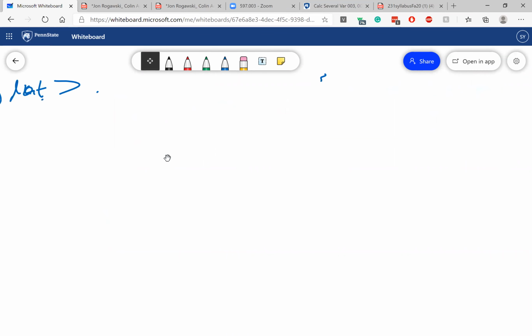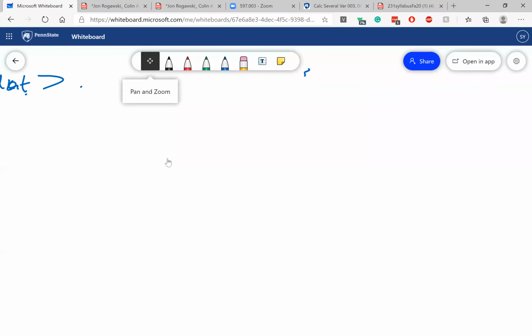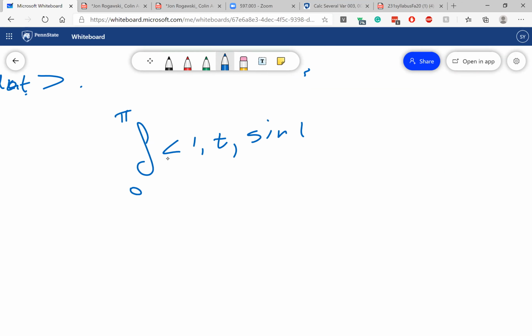As an example, let's try to integrate from 0 to pi the vector 1, t, and sine of t. Again, we can put the integral inside and take the integral of each component.